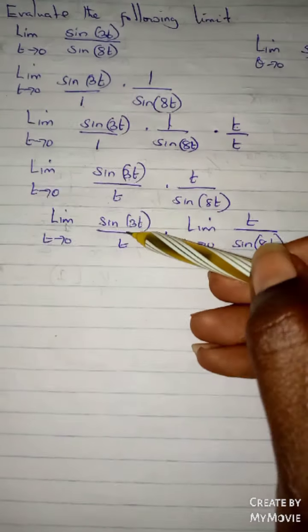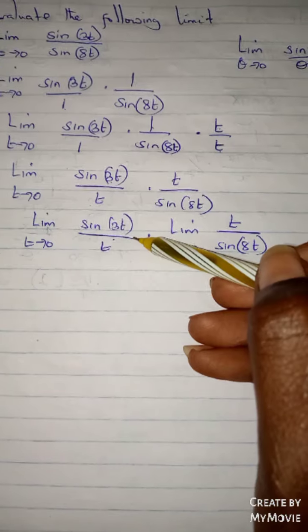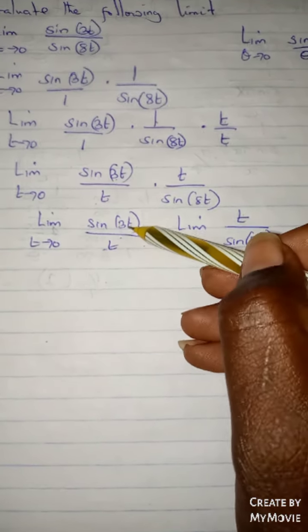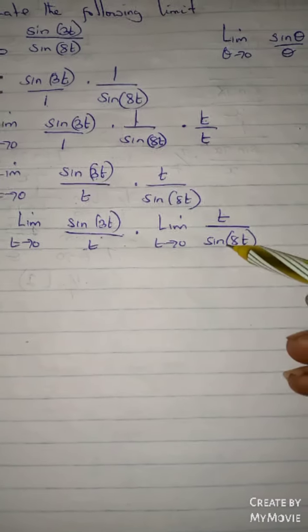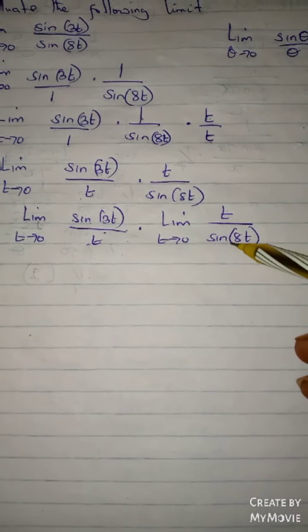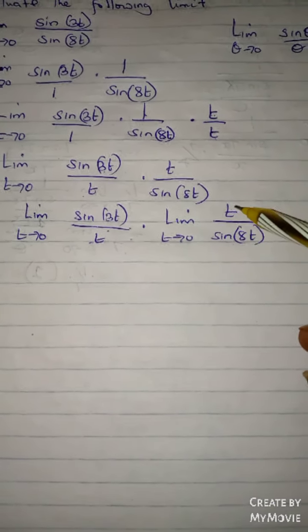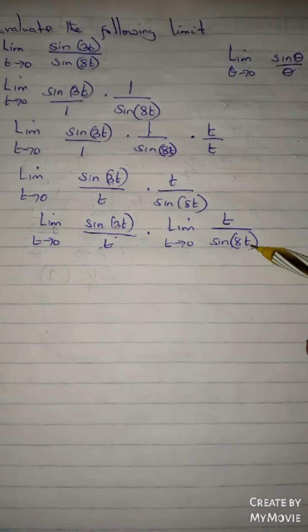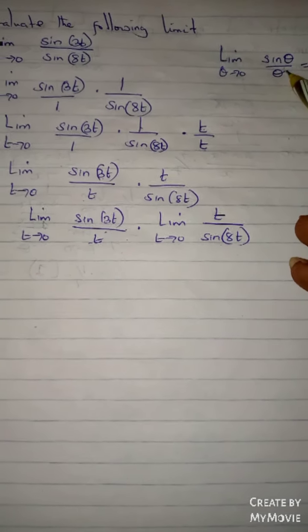So remember, for this one, we are just going to multiply by 3 over 3, so that we bring a 3 here, so that this one will be the same as this one. But for this one, we have to take the reciprocal by taking 1 over sine, so that we bring sine 8t into the numerator to behave like this function.